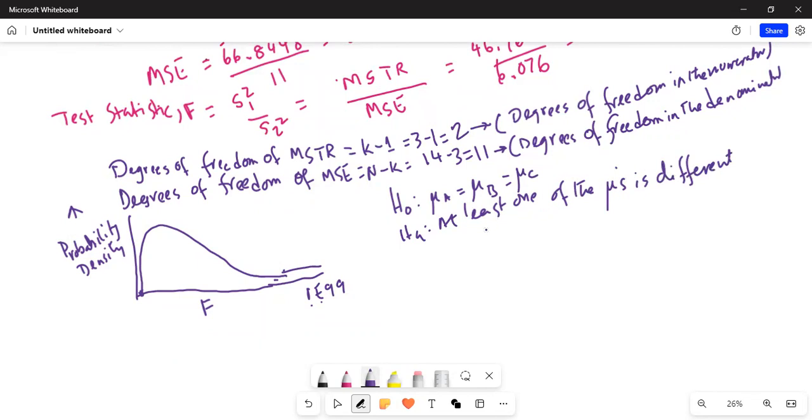Okay. We calculated an F statistic. And this test, the F test, is always a right tail test.